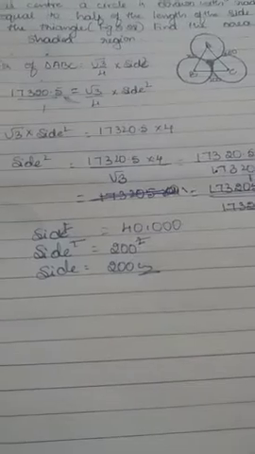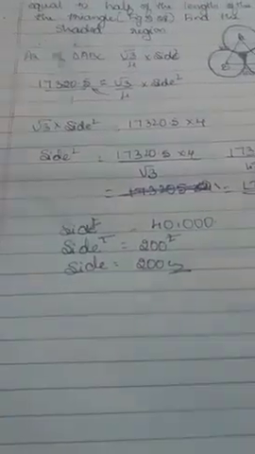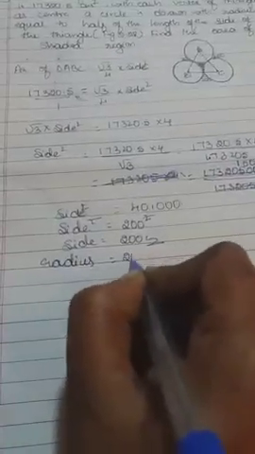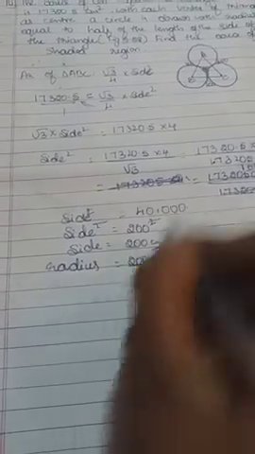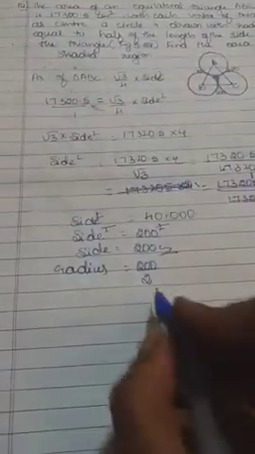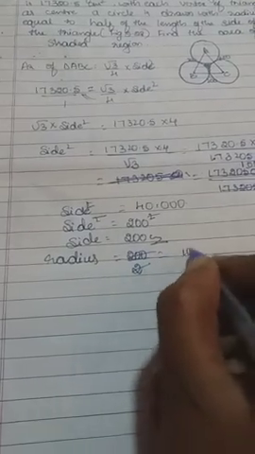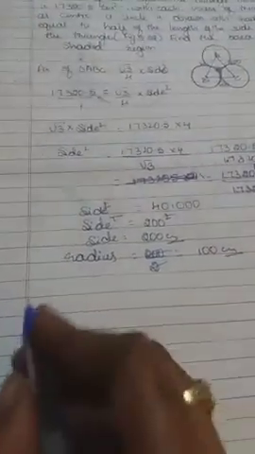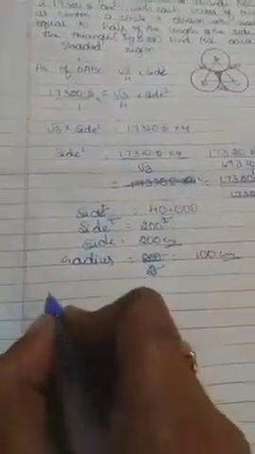Because it is an equilateral triangle, all the sides are equal, and the radius should be half, I mean 200 divided by 2. Radius equals 200 divided by 2, that is half of the side they have given, so that should be 100 centimeter. Radius is 100 centimeter.